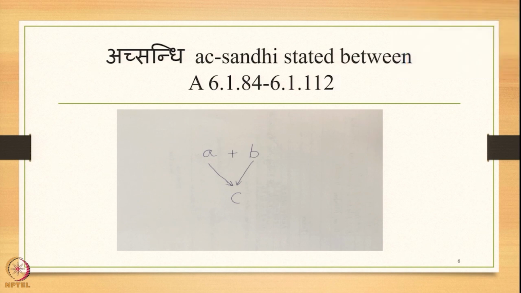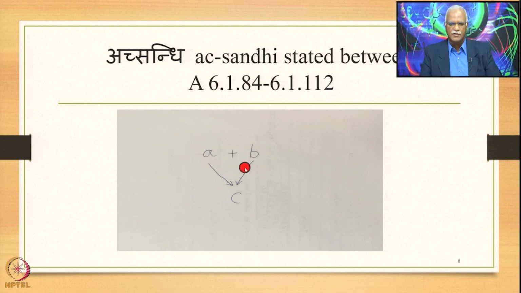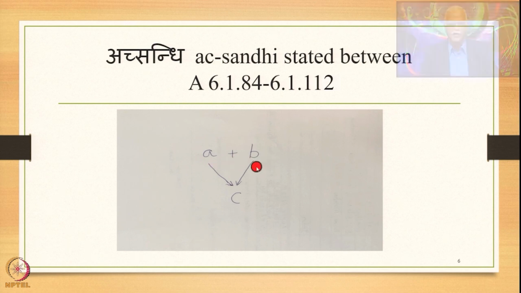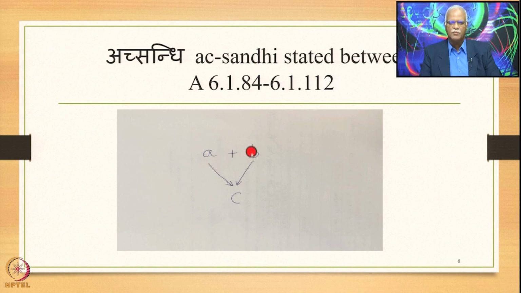Diagrammatically, this can be shown in the following manner, where you have A followed by B in close proximity in the Samhita mode, and we can say that A comes immediately before B and B comes immediately after A. So you have A plus B. Now one of the rules in this section 6.1.84 up to 6.1.112 applies, and then in place of both of them, C comes as a substitute.